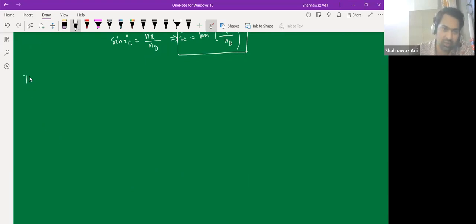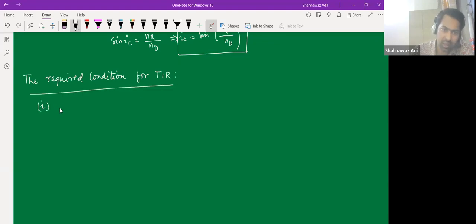The required conditions for TIR: one is that light should go from the denser medium to the rarer medium, right?